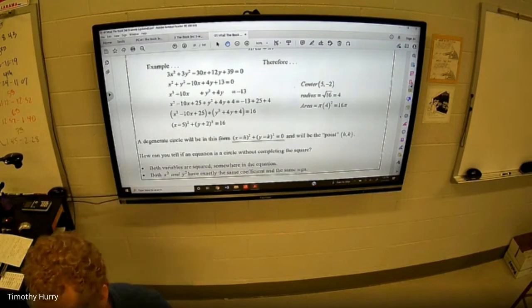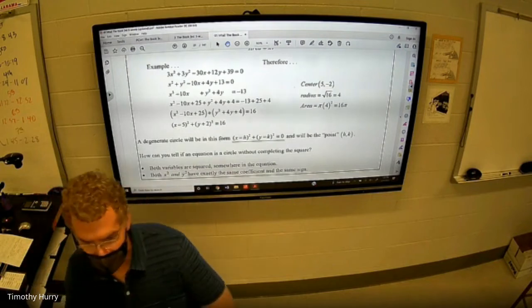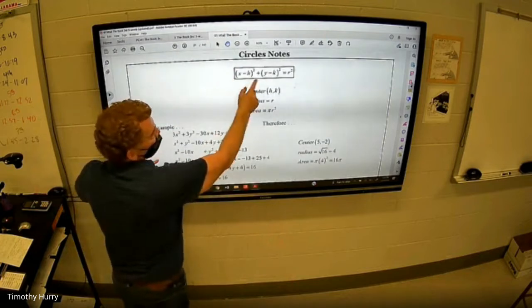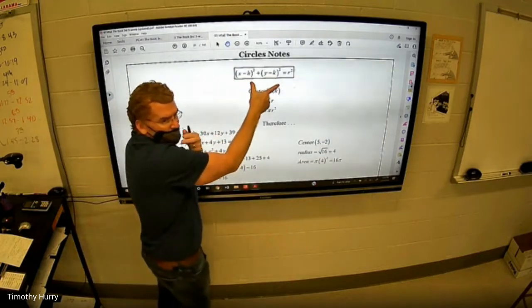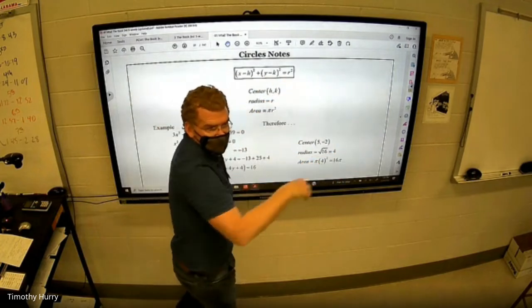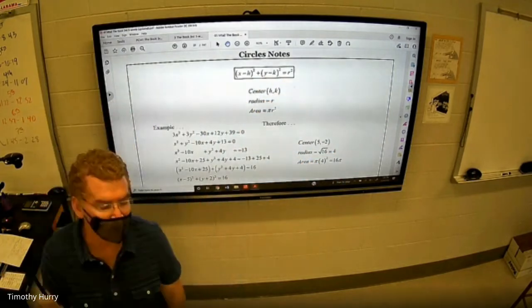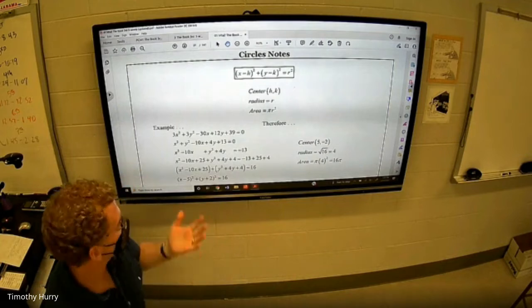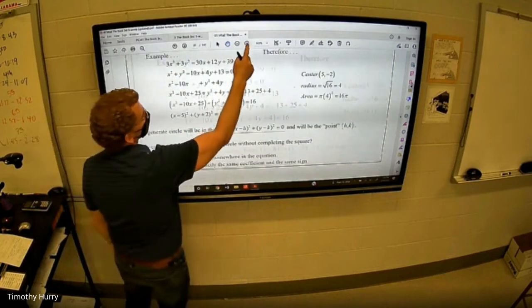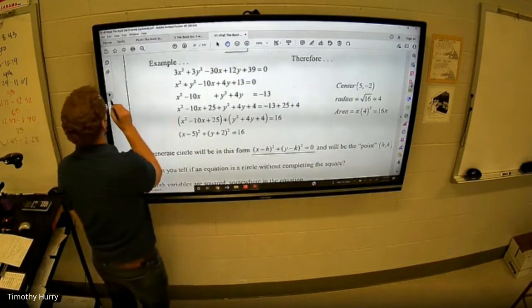Unlike a parabola that has y's on one side and x's on the other, what happens with the circle? Both my things are on the same side, right? Just the constants are on the right side. So you're actually going to complete the square twice most of the time. So here's what you do. You see that? And you think, all right, I'm going to put all my x squareds together.